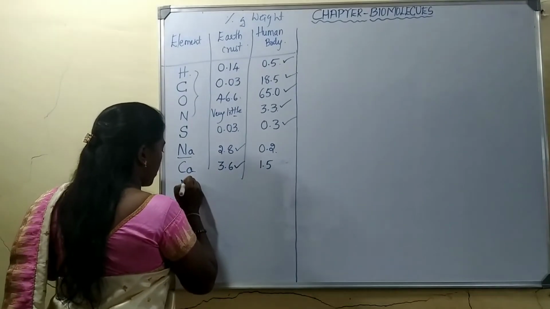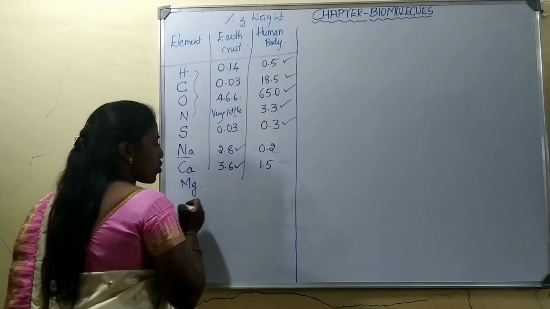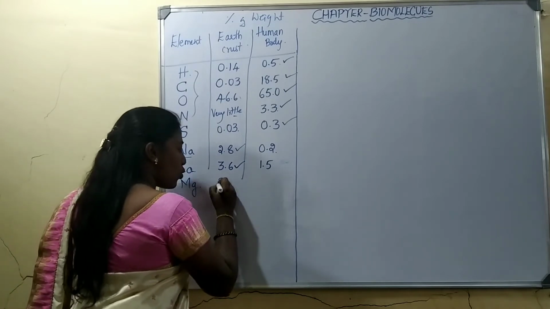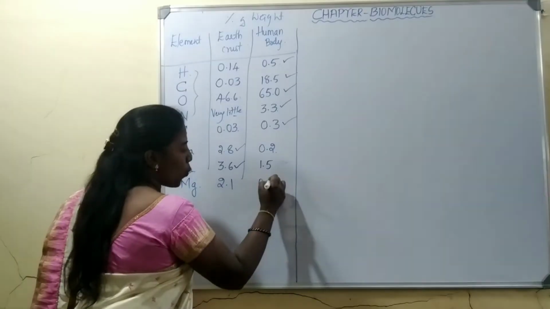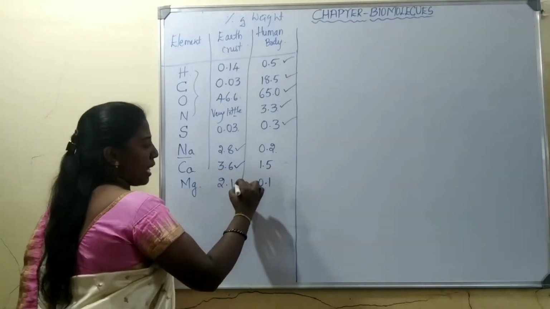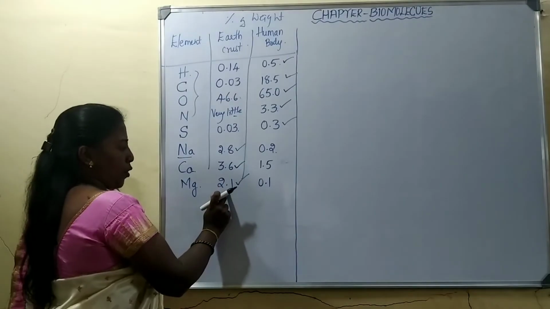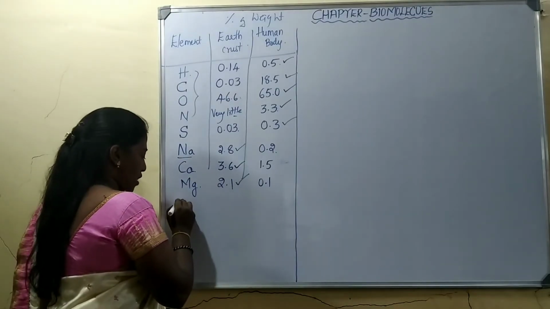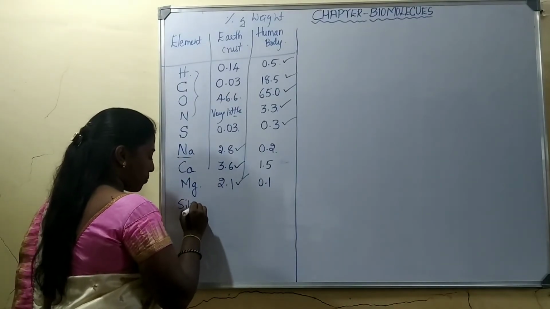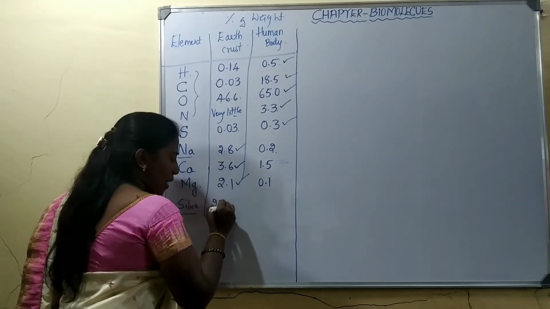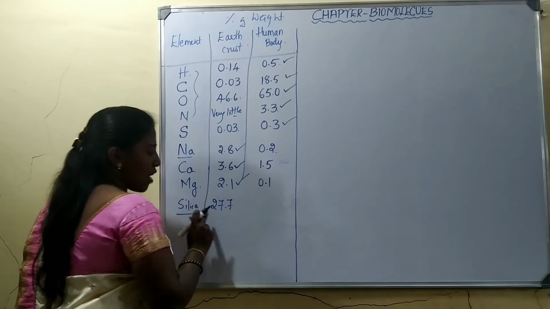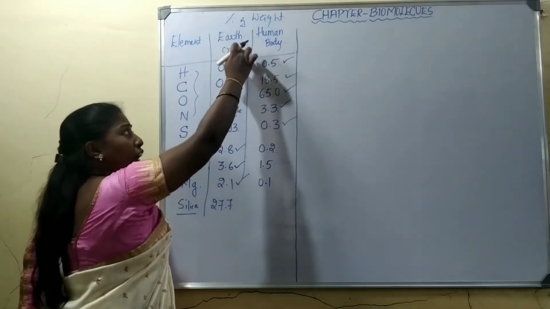Next is magnesium. Magnesium in non-living is 2.1%, whereas in living it is 0.1%. So it is also in higher concentration in non-living. The next one is silica. Silica concentration is around 27.7% in case of non-living.